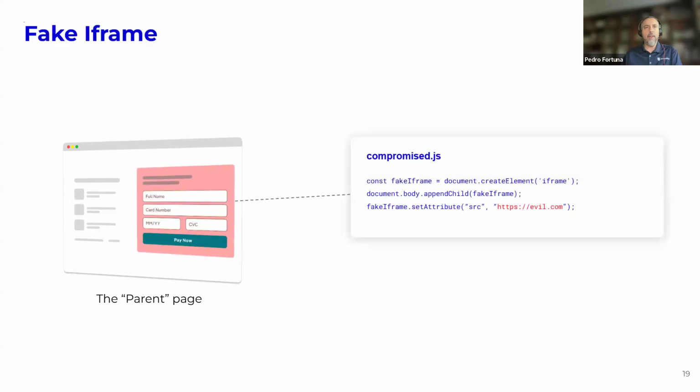Next, fake iframe. This is a very simple attack, and basically it is what it says it is: a fake iframe. Any script at any given point can decide to create a new iframe and add it to the current DOM. Usually we see this happening earlier in the payment flow compared with what would be expected for the legitimate payment form, with the goal of tricking users.